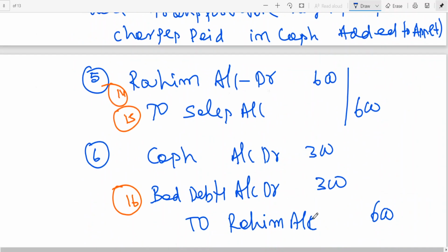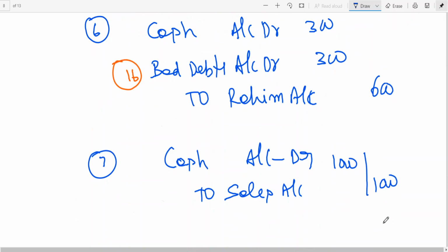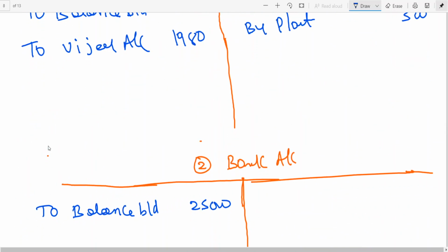Cash account debit side you should write to Rahim 600. Bad debts account debit side you should write to Rahim. Sorry, cash account debit side you should write to Rahim 300. Bad debts account debit side you should write to Rahim 300. In Rahim account we should write by cash and by bad debts. So let me start with first, cash account. To Rahim, 300.